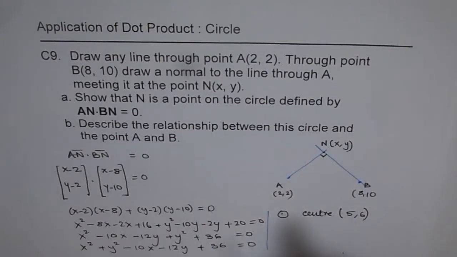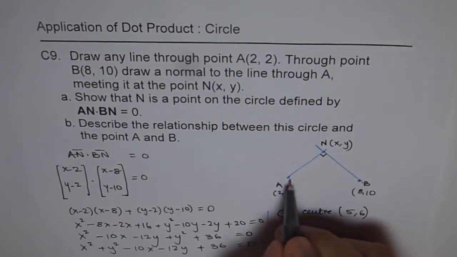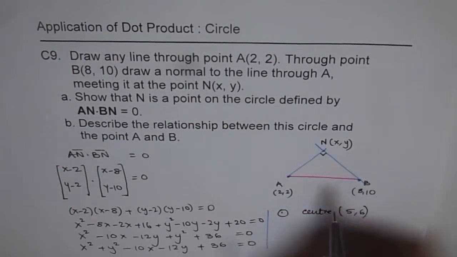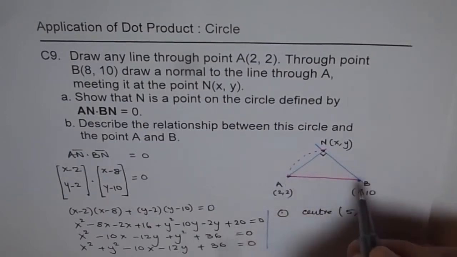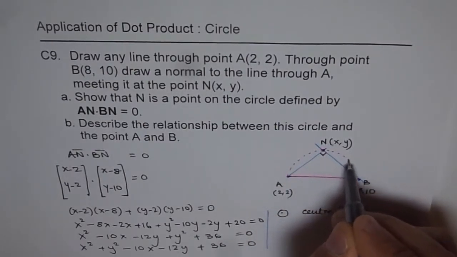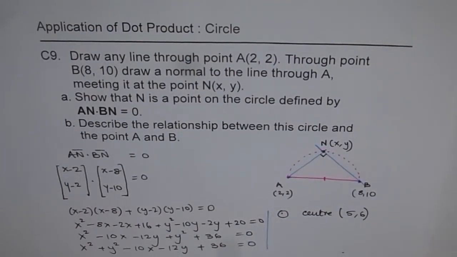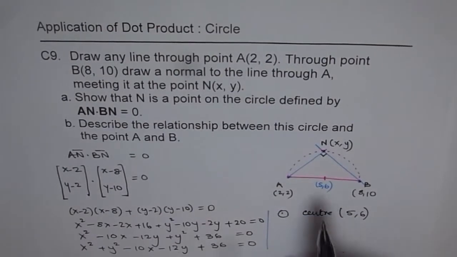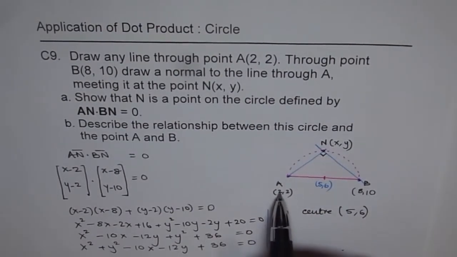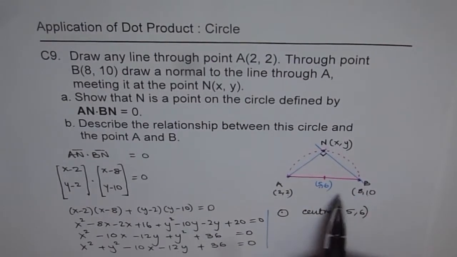That means if I join the points B and A, this point N actually is on a circle. And the center of this is 5, 6. Well, let's test. 8 plus 2 is 10 and half is 5. 2 plus 10 is 12 and half is 6.